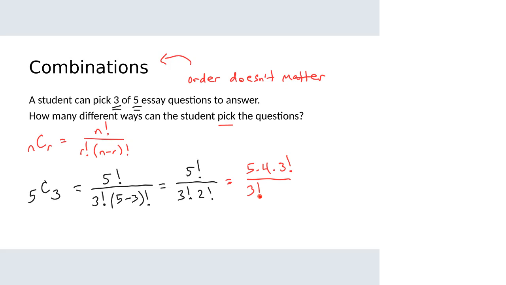And the 2 factorial, I'm going to write out as 2 times 1. And now I can cancel the 3 factorials. There's a couple of ways you can go from here. What most students prefer is multiply what's on top and get 5 times 4, multiply what's on the bottom, 2 times 1, and end up with 10. How many different ways could a student pick the questions to answer? 10 different ways.